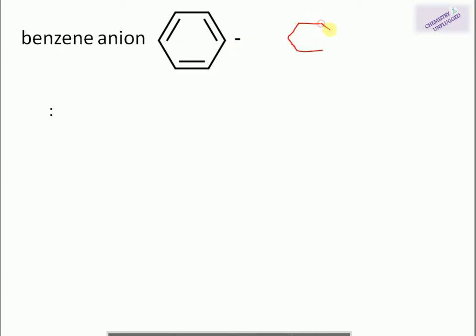But these additional electrons are not in the plane similar to the p orbitals of carbon. They are in the plane perpendicular to these p orbitals, so they are not interacting with the pi electron cloud. It is not a part of conjugation. So it is only a 6 pi electron system and it is still aromatic.